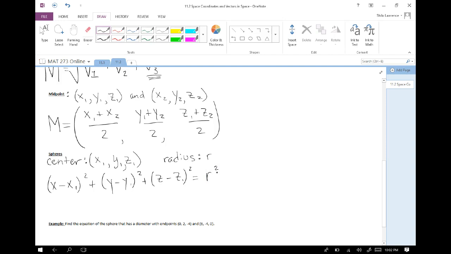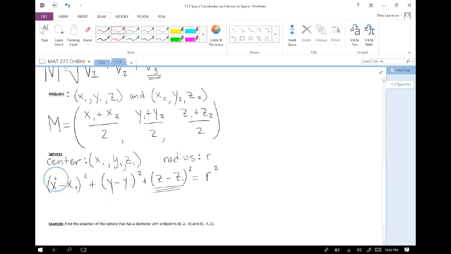If you remember your formula for a circle from algebra class, it looks very, very similar. The only difference now is my inclusion of what exactly is happening in the z direction. And I follow the same exact pattern that I see happening to my x's and my y's.